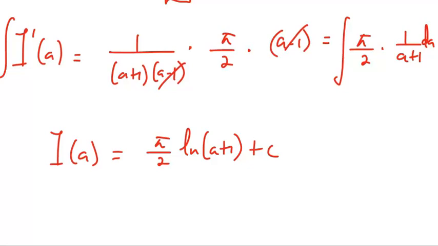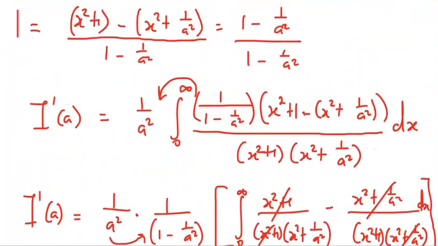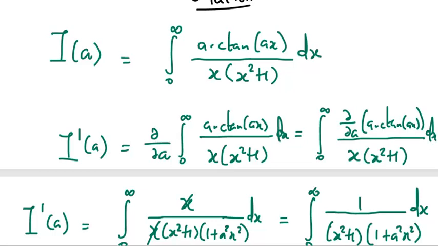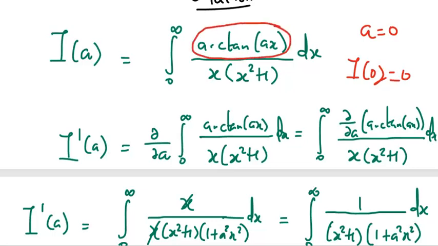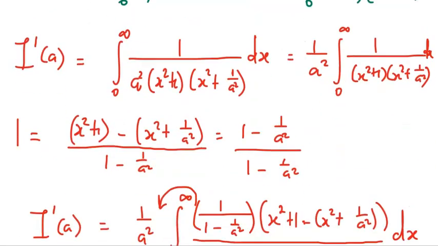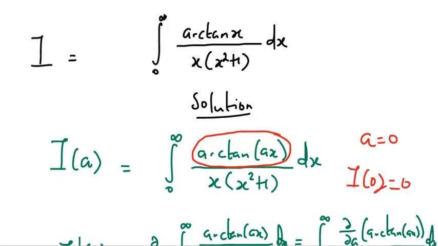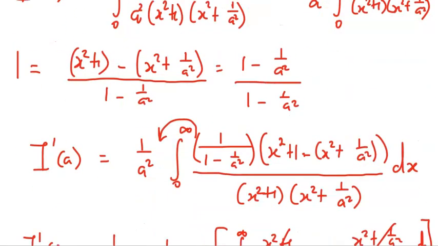Now let's go back to check I of 0. Take a look at this place. If a is equal to 0, then I of 0 will be 0, right? Because the arctangent of 0 is 0, so everything turns out to be 0. And don't forget that our target integral here is equal to I of 1. Don't forget that.